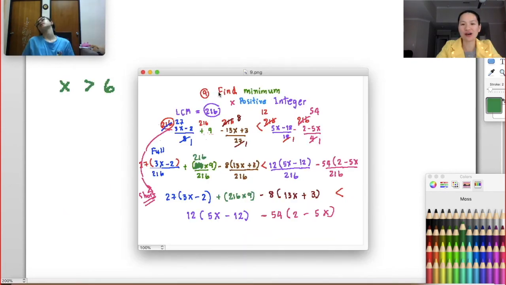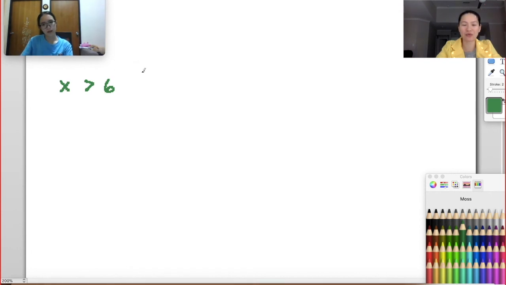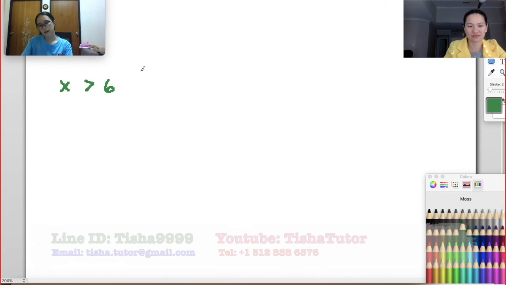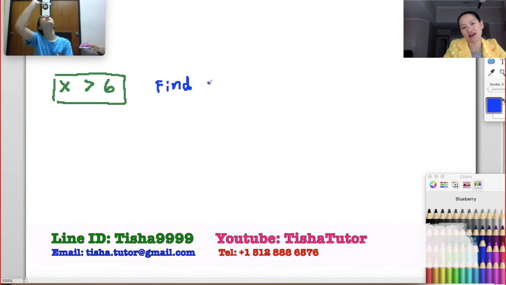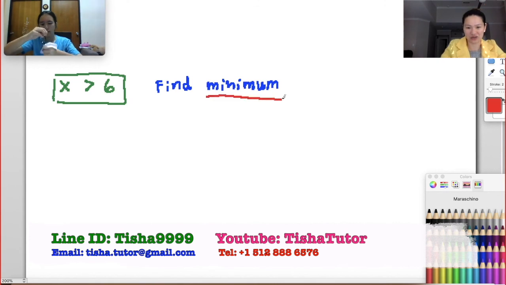I want you to find the minimum positive integer. You got the answer x is greater than 6. You want to find the minimum positive integer.